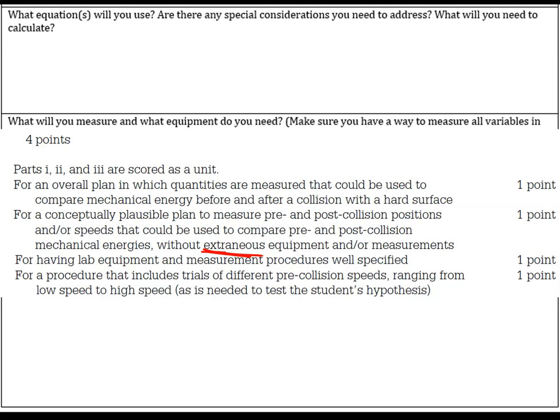For having lab equipment and measurement procedures well specified, you get a point. And for a procedure that includes trials of different pre-collision speeds, this is where you do different heights. These grading instructions are very vague because there are so many possibilities, and I think in the scoring guide they have a couple of different options. If you look through that, you can find some of the other options that were available.